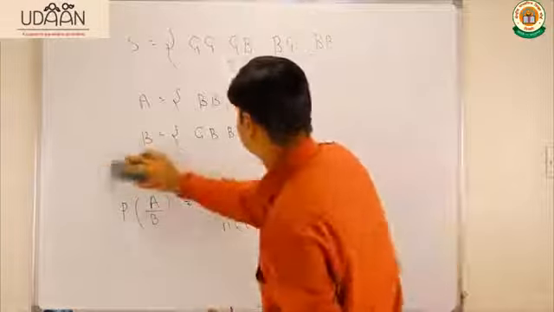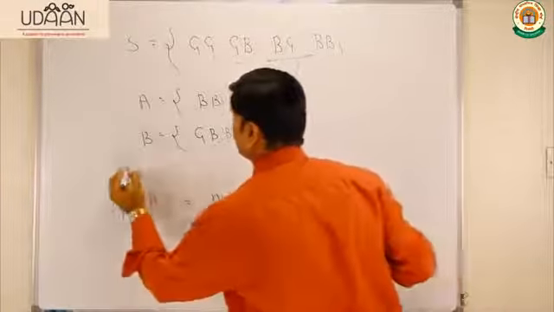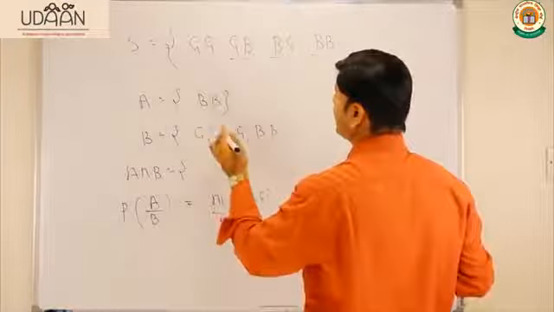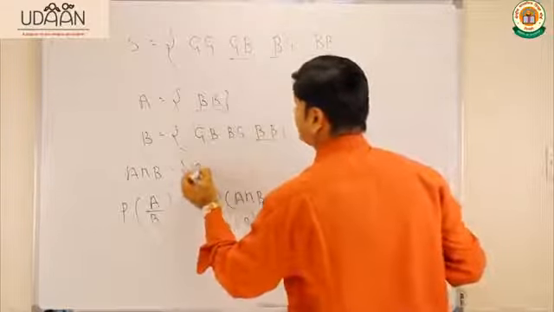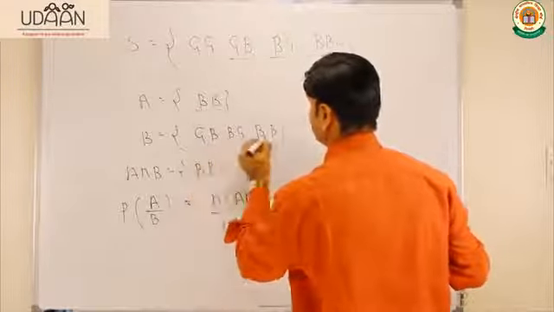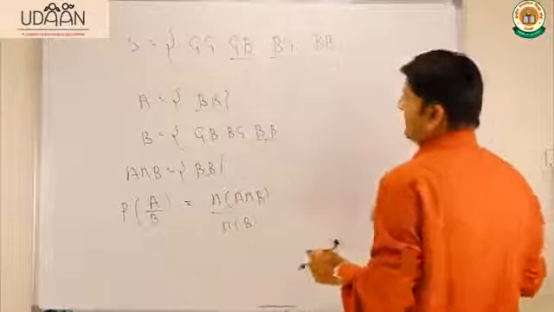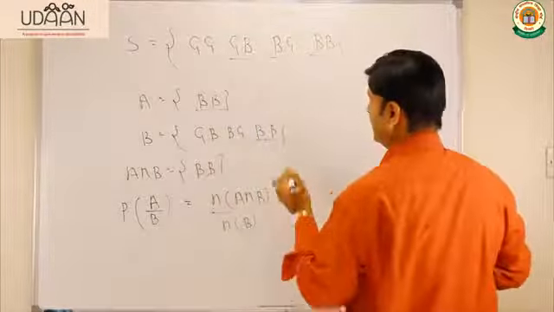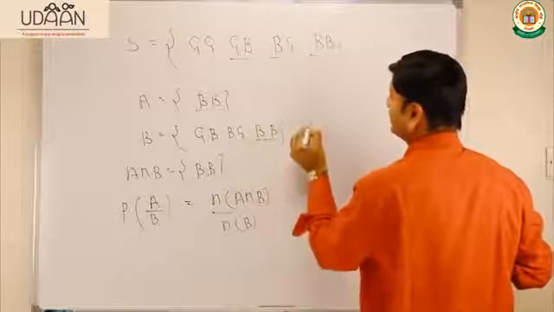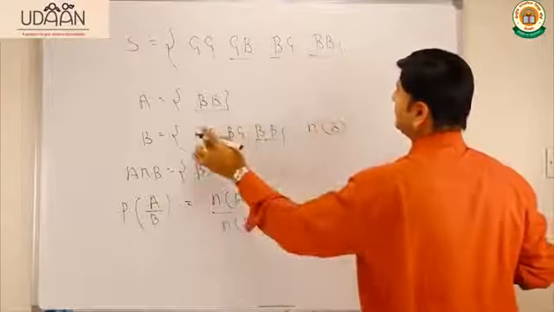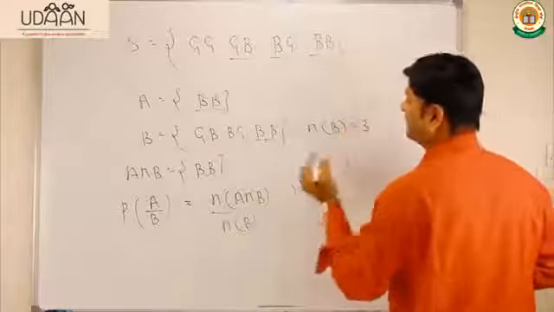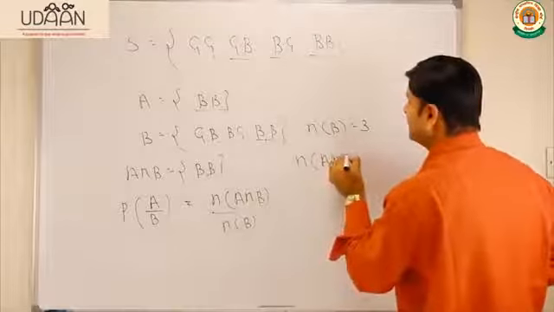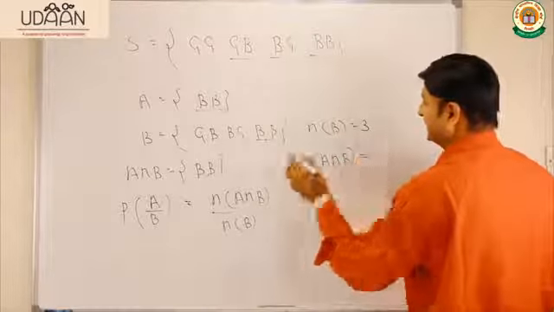Now as the formula says, we require A intersection B. A intersection B means common element in A and B, so obviously it is BB. I am representing here G for girl and B for boy in that family. So now you can say that N of B is equal to 3, and in A intersection B, the total number of elements is 1.